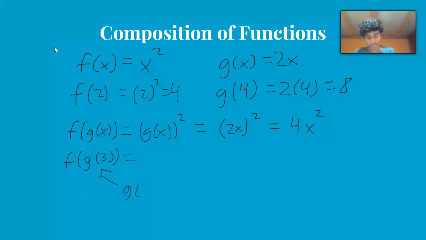G of 3 is equal to 2 times 3, which is 6. So f of g of 3 is basically equal to f of 6. You plug that 6 back into f, and f of 6 is just 6 squared, which is 36.